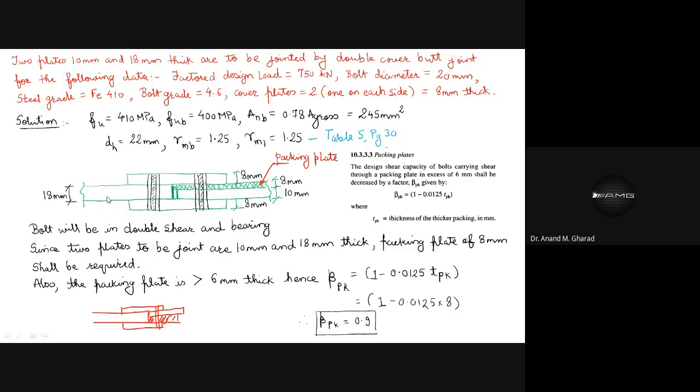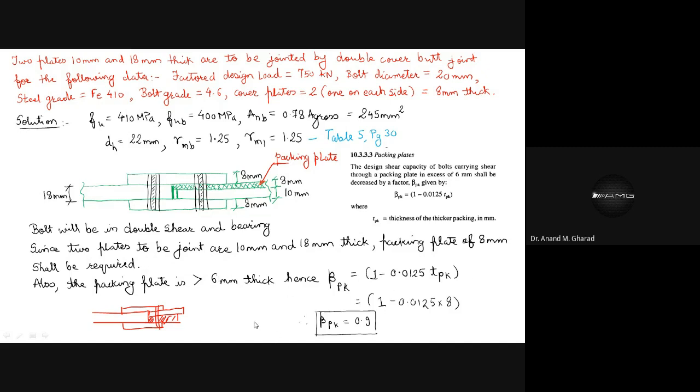Since the other is 18, the remaining space will obviously be 18 minus 10, which is 8. So that shall be required. Also, the packing plate thickness is 6. Hence, this beta pk value needs to be considered.